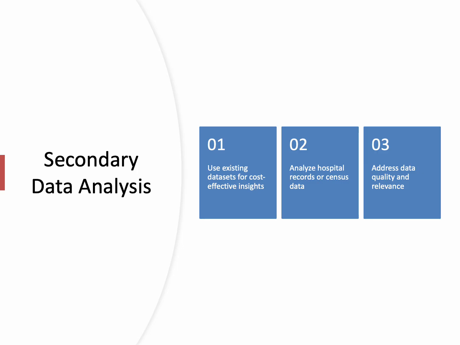This method uses existing data sets, such as hospital records or census data, to generate insights without new data collection. For example, in healthcare, analyzing patient readmission records can identify trends in care quality, like factors contributing to frequent hospital returns. In social sciences, census data might reveal patterns in income inequality or education access across Canadian regions.